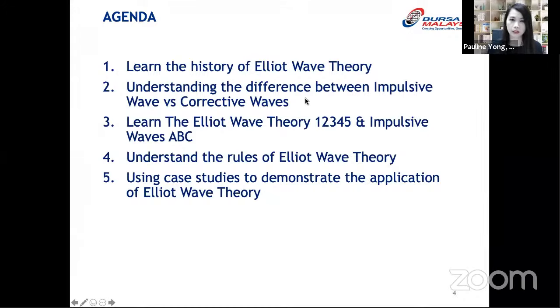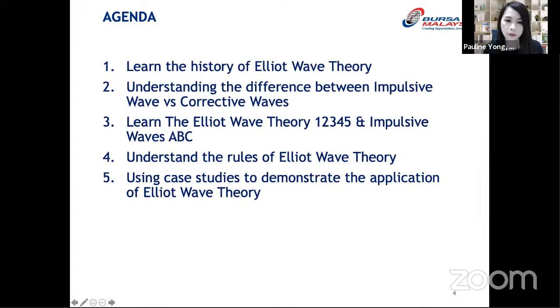In fact, for the last session, we had the Fibonacci, and this Elliott Wave principle is the natural continuation of the Fibonacci you learned last session, because in order to do Elliott Wave well, you definitely need the foundation of Fibonacci analysis. Some of the wave counts require you to know the principles of Fibonacci as well.